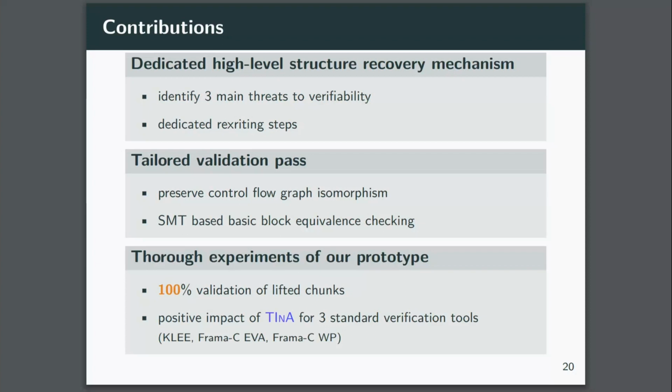So we provide optimization of the intermediate representation that allows producing a more high-level C code that is more easily analyzed. We provide a validation pass to ensure that our optimizations didn't change the semantics of the produced C code with regard to the assembly semantics.